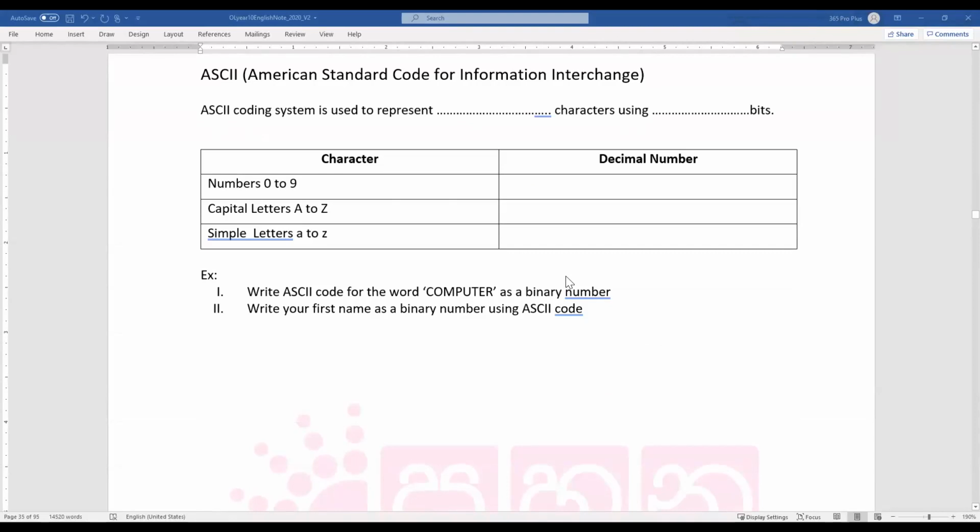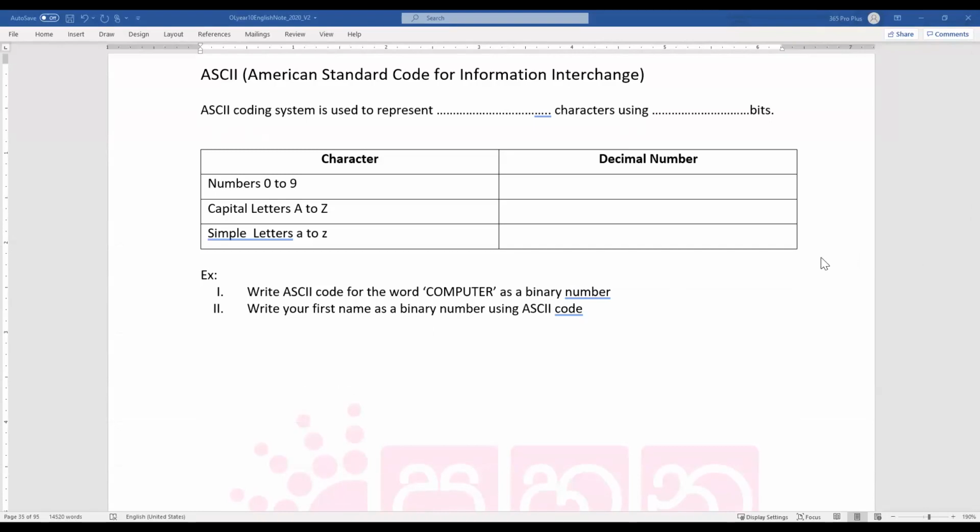Now we are going to look at how to represent characters, numbers, symbols. Especially, let's say you type some character on the keyboard, how does the computer understand this?